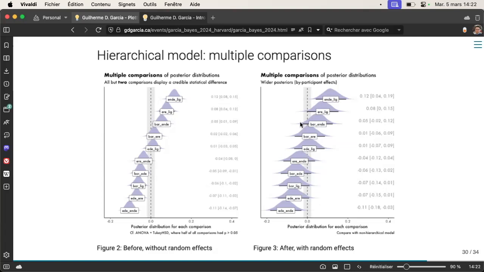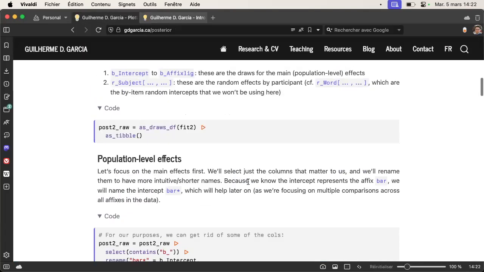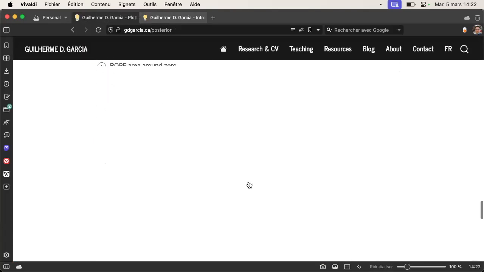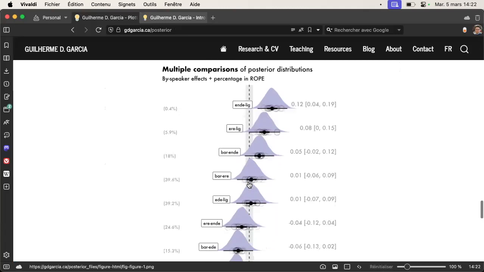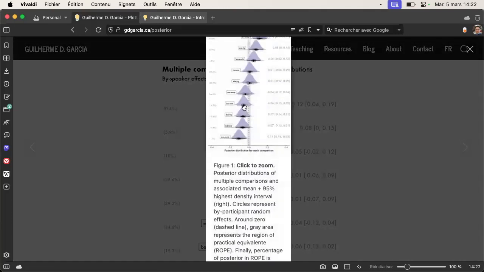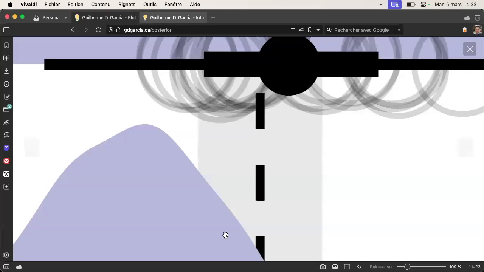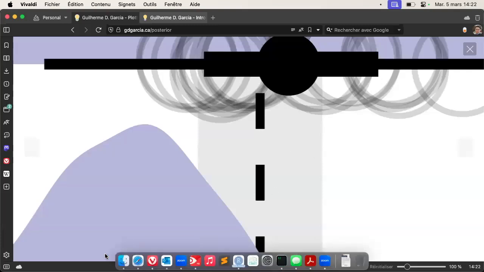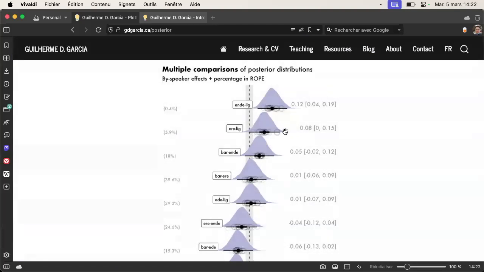But one other thing that I like to report, so this is the continuation of this workshop, is to add on the left, this is a gigantic figure. Let me see if I can reduce this. Okay, I don't know if you can see that, but you can see it well.